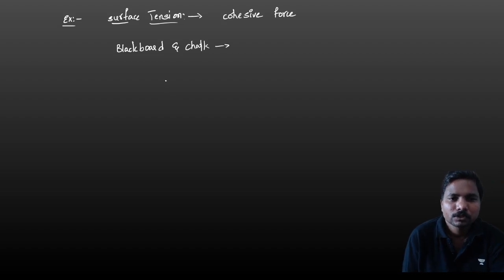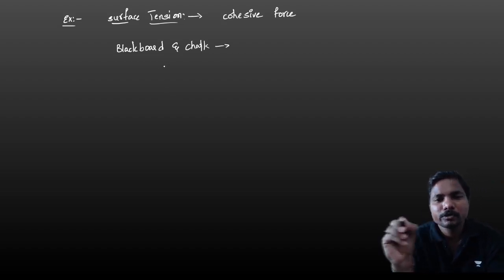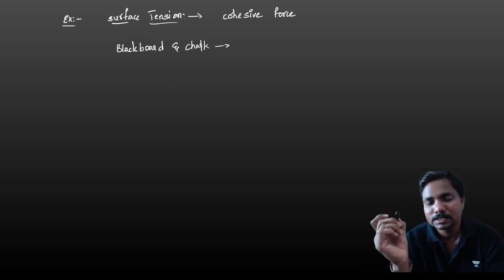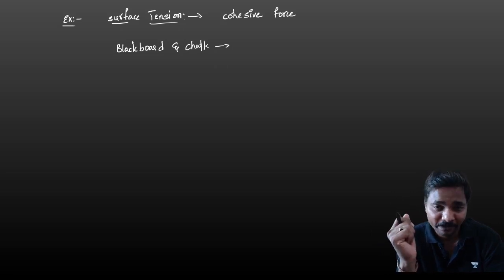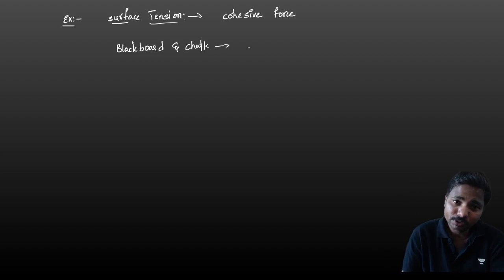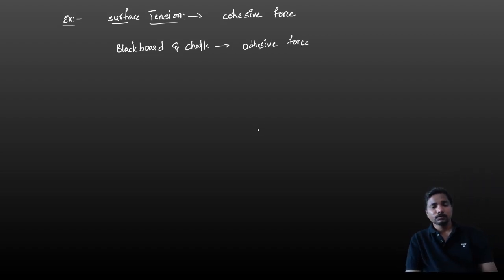Whenever we write using chalk on the blackboard, the chalk is attached to the blackboard. Why? Because chalk is a different substance, and the blackboard is a different substance. Whenever there is a force of attraction between two different substances, it is nothing but adhesive force.